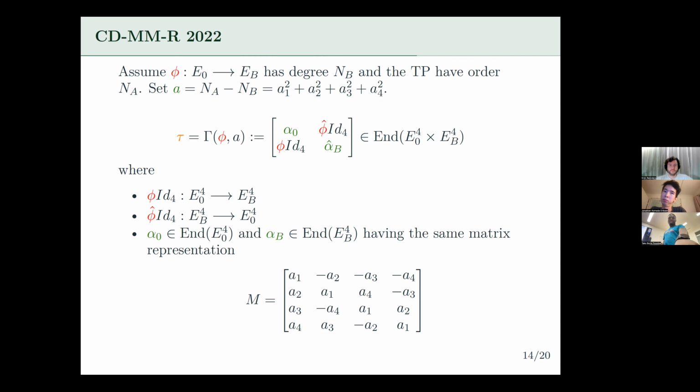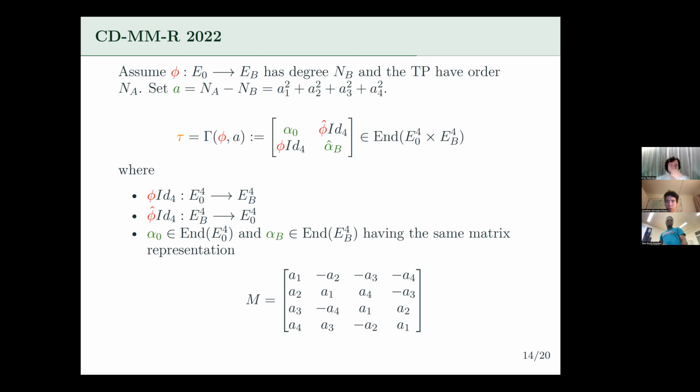So when you take the dual, just by multiplying, you get the determinant, which is exactly A, because we wrote A as the sum of 4 squares and chose this matrix M such that multiplying gives A. Then if you multiply phi and phi ID4 and phi dual ID4, you get the degree of phi, which is NB. Is it NA or NB here? Okay, it is NB.